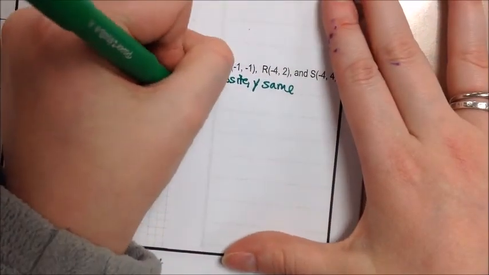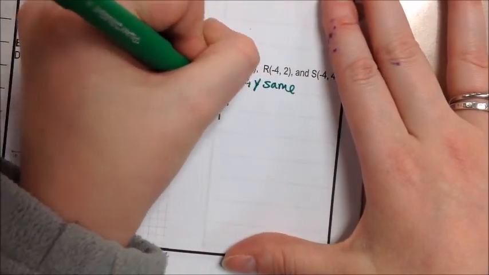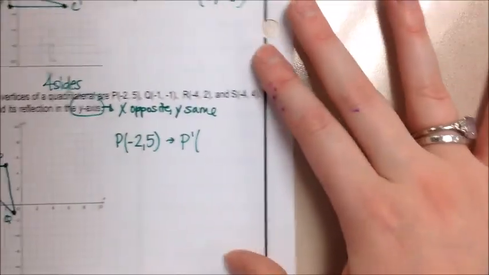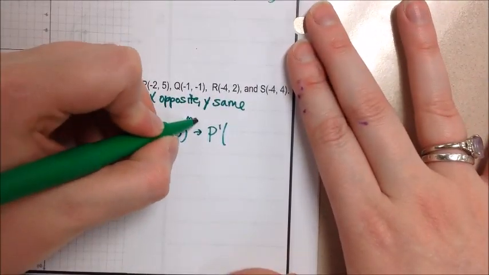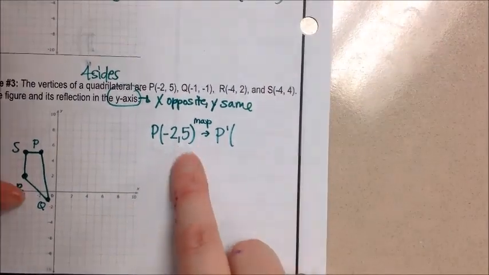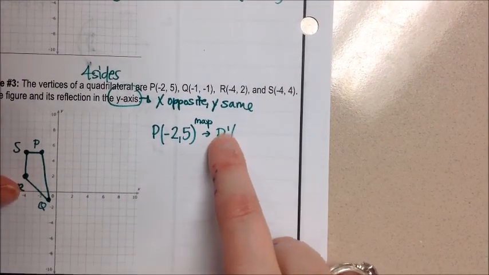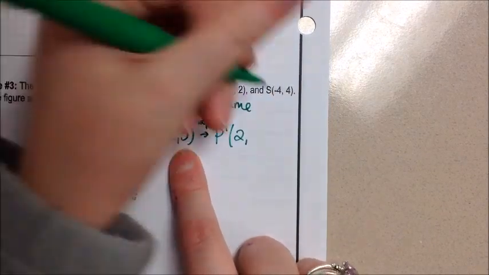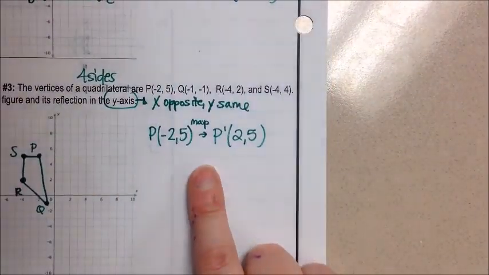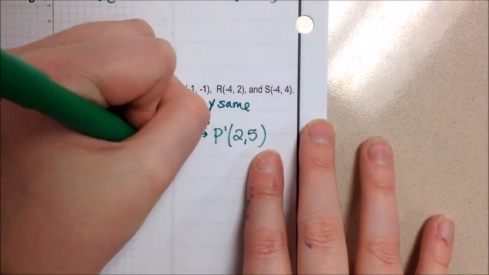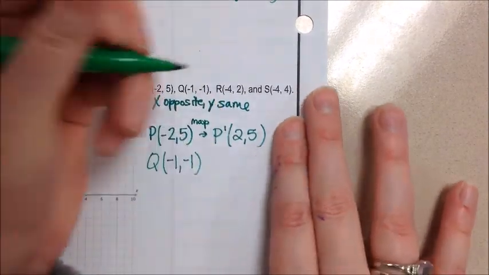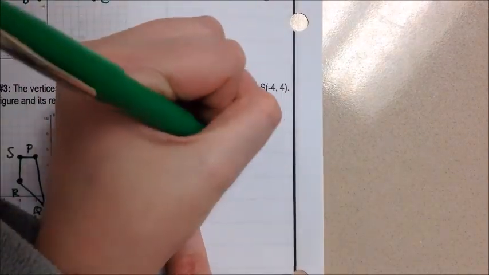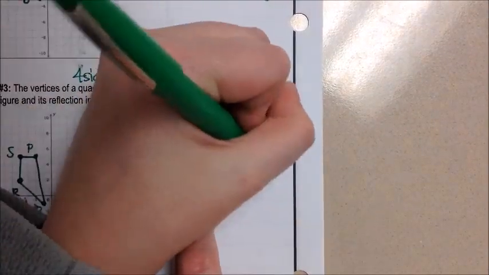So P starts at (-2, 5), and it's going to map. This is the mapping, if I use that word map. I'm mapping it to the image P prime, where x is opposite, so this becomes 2 and the y stays the same. Then Q is (-1, -1), and that maps to Q prime, where x is the opposite and y stays the same.